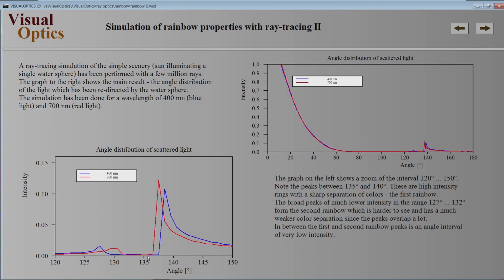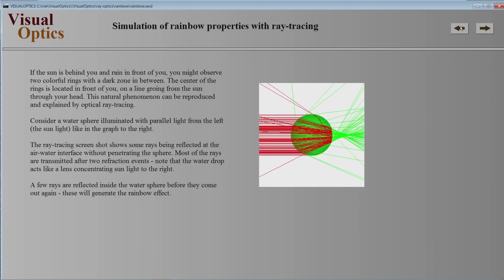And the simulation based on ray tracing here, completely ignoring the absolute size of the water drop, is a very good approximation, at least for large water spheres.